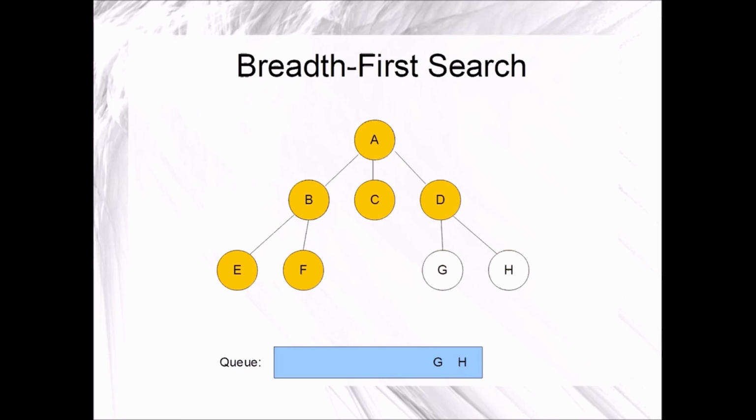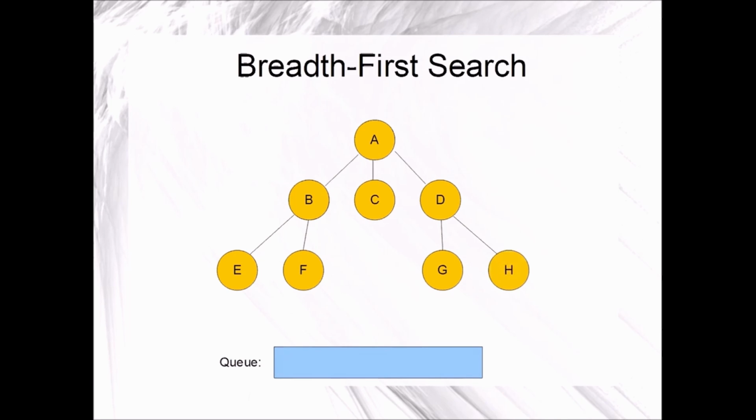Since the queue is not empty, we will have another repetition of the while loop. It begins by dequeuing G and marking it. Next, we will enqueue all adjacent unmarked vertices. There are none. Since the queue is not empty, we will have another repetition of the while loop. It begins by dequeuing H and marking it.